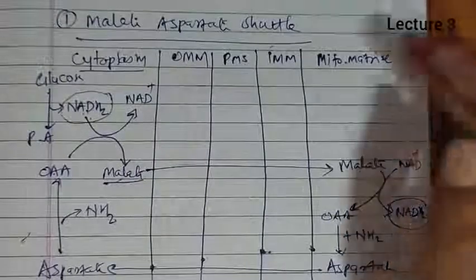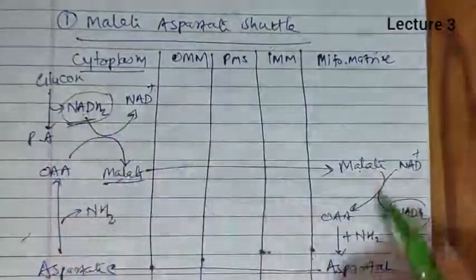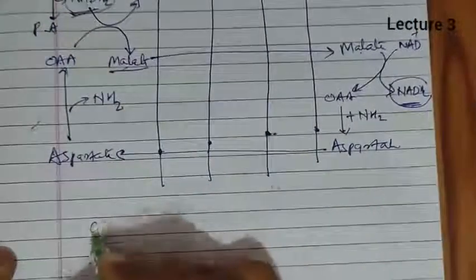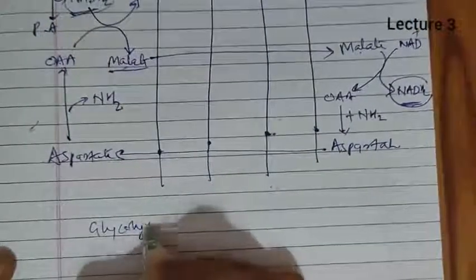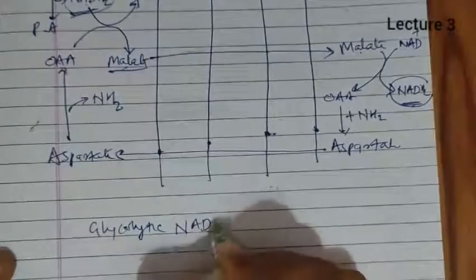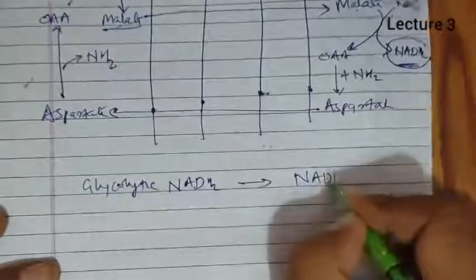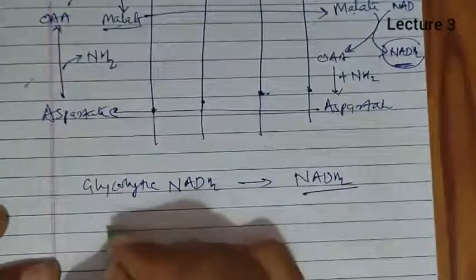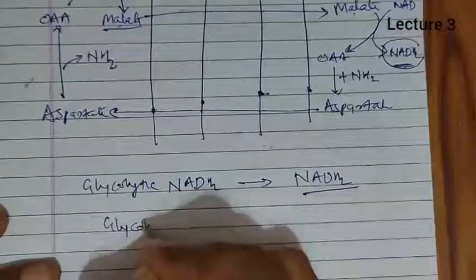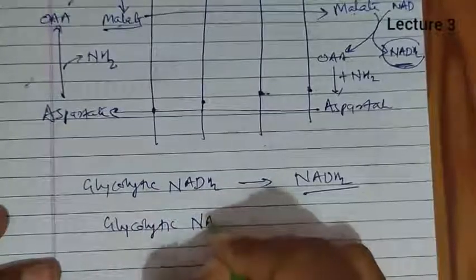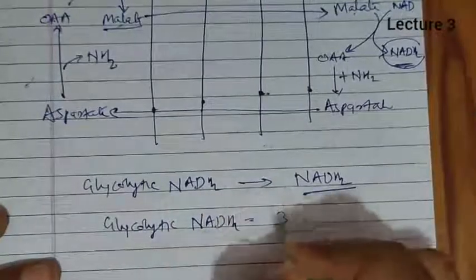In the malate aspartate shuttle, the glycolytic NADH2 is giving its energy in the form of NADH2 in the mitochondrial matrix, which means glycolytic NADH2 is equal to 3 ATP.